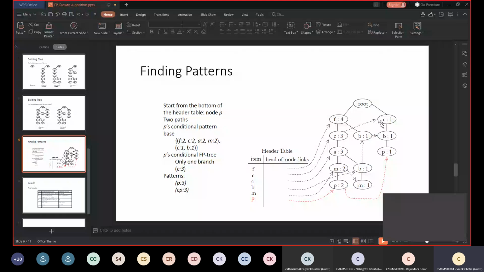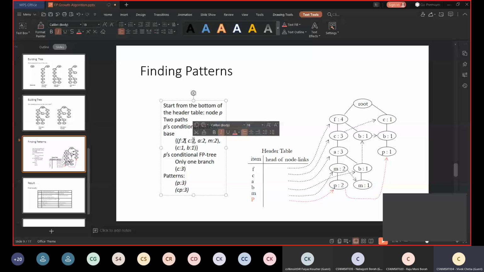So the final result we will get is this entire table. Last time we saw FCAM and CB, so the conditional FP tree is C3, with the combination of P in the patterns. Similarly, all these steps will be followed for the others. Here phi is there because none of these sets include the frequent items.